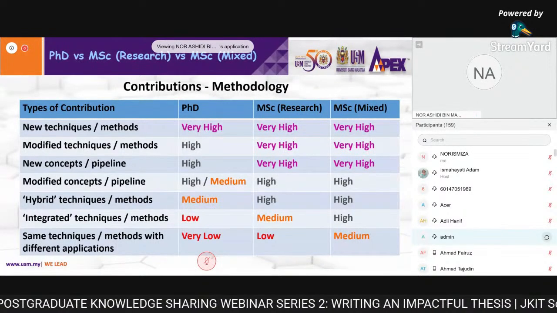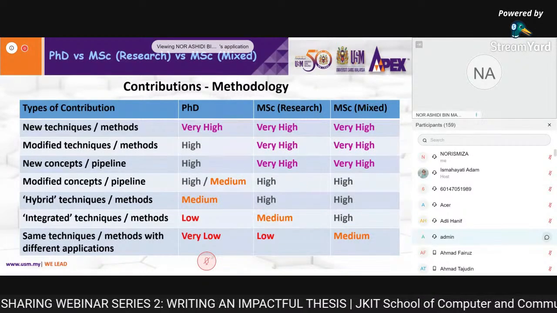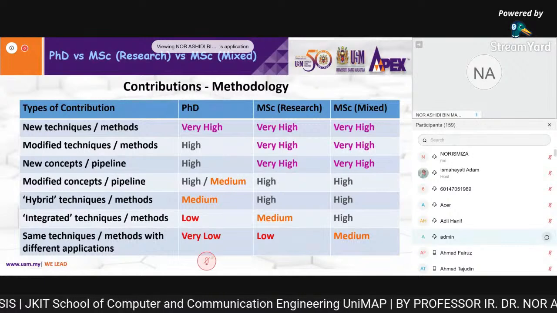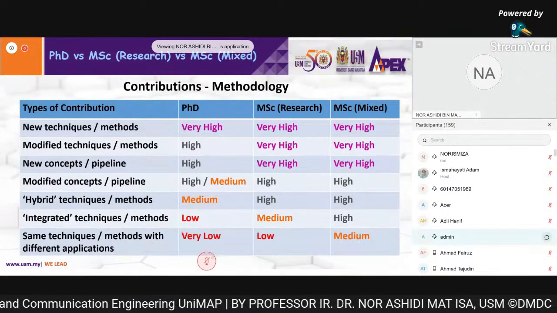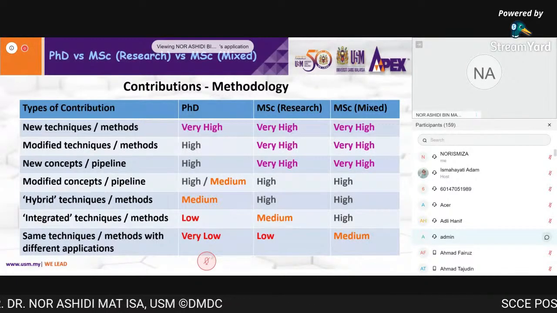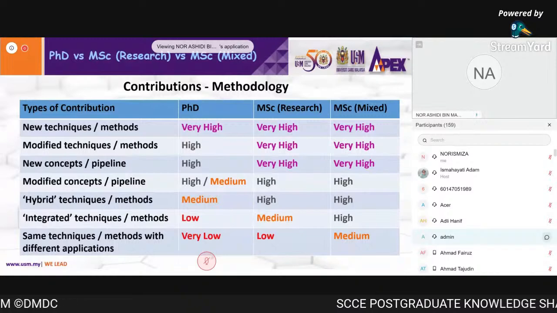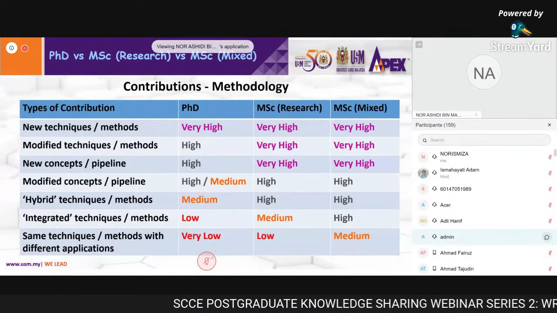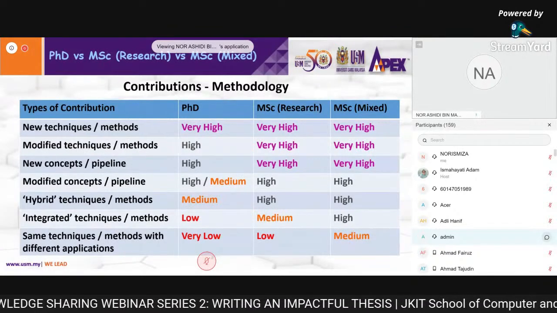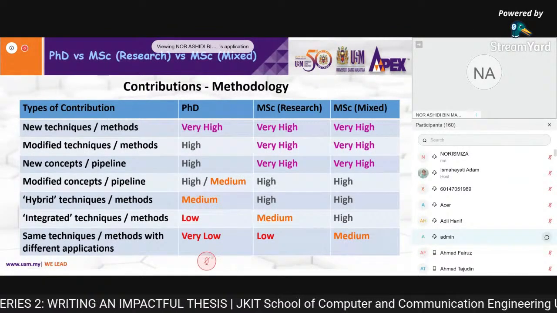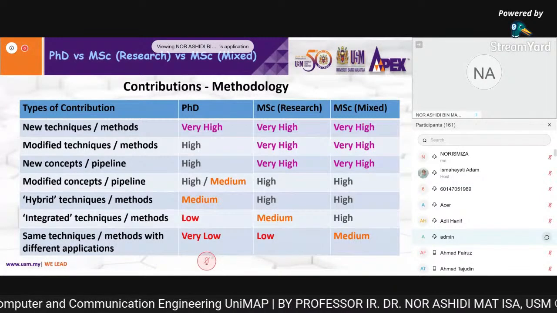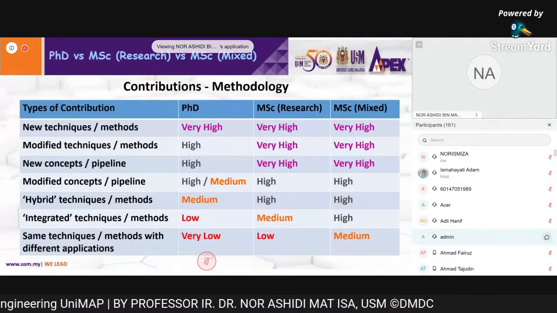Let's say you have several stages: maybe I remove one or two stages, or I add new stages, whatever. That's what I mean by new concept. So you introduce a new concept or new path in order to achieve certain objectives. That's also, for me, a high contribution. But you must make sure that you are introducing a new concept.